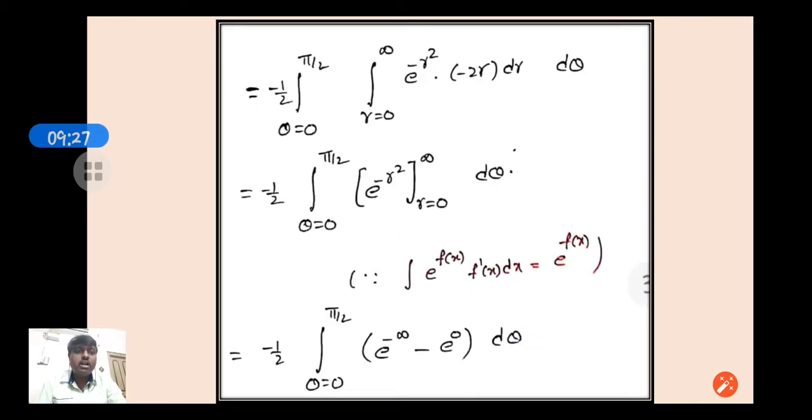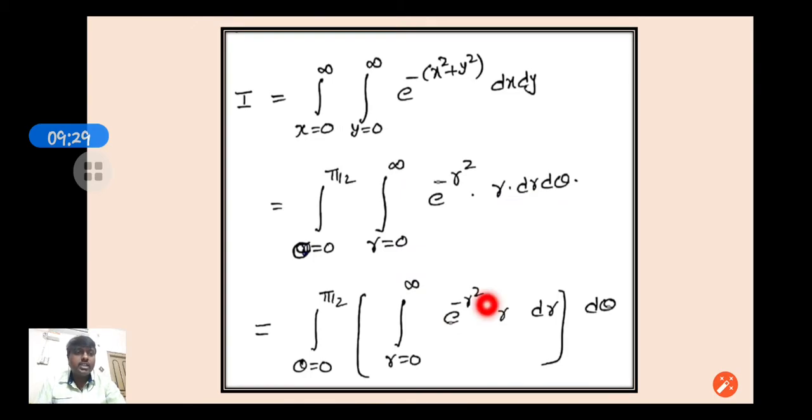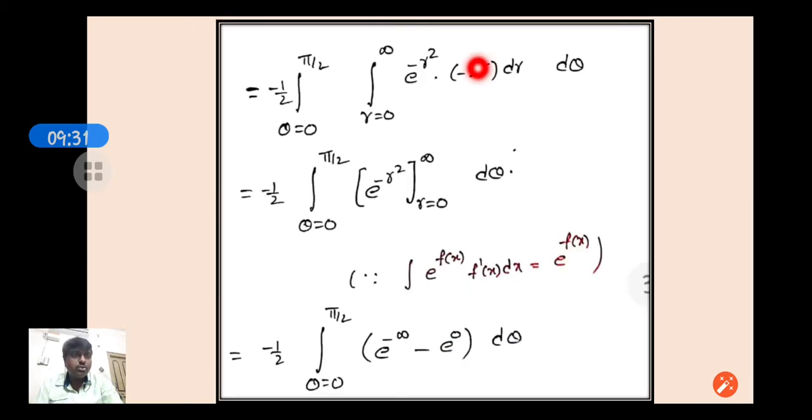See here, I am writing r by just multiplying with 2 and dividing with 2. So minus 1 by 2, integral theta equal to 0 to pi by 2, integral r equal to 0 to infinity, e power minus r square into minus 2r dr. Just for convenience I am multiplying and dividing with minus 2 here.